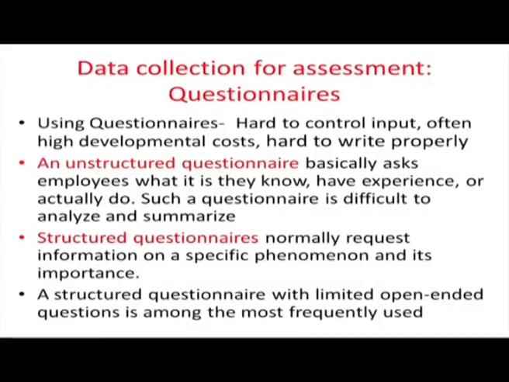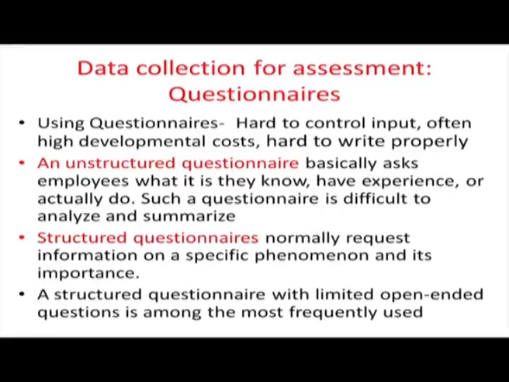Now, when we are talking about an unstructured questionnaire, okay, based on experience you can ask certain questions, open ended or close ended, or you can ask certain things which you think are going to help you get the data. For example, you know that these are the three important variables, organization, task and person, and each of these variables is important.